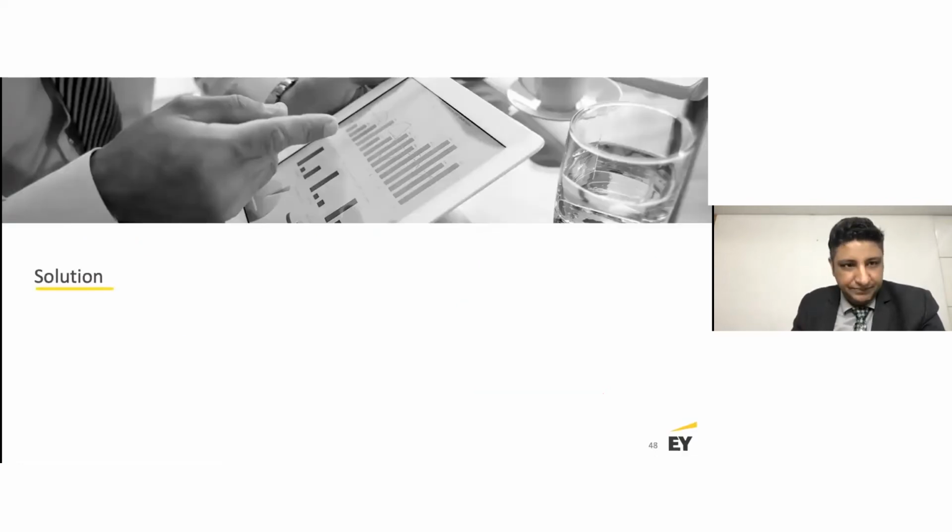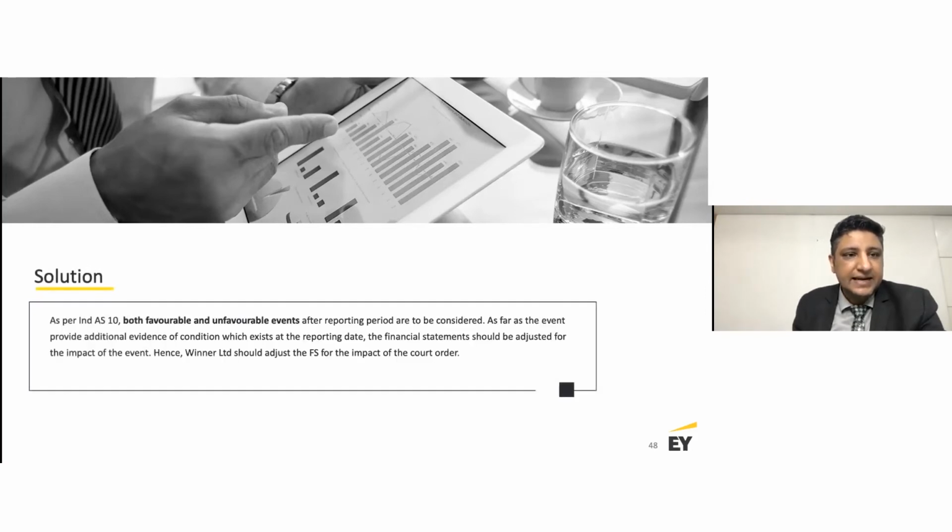That means that you are going to report it since it's an event after the reporting period, and then you're going to also adjust your financial statement because this event is an adjusting event under the purview of Ind AS 10. All right, let's have a look at the formal solution around this topic. It says that as per Ind AS 10, both favorable and unfavorable events after reporting period are to be considered.